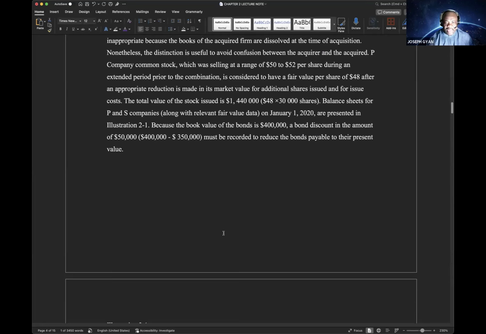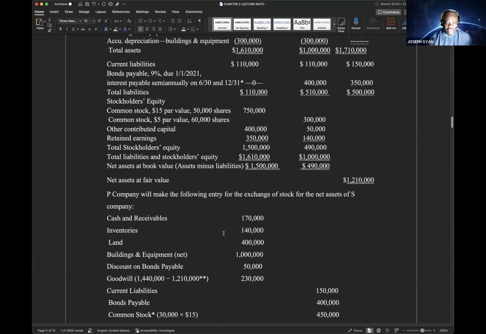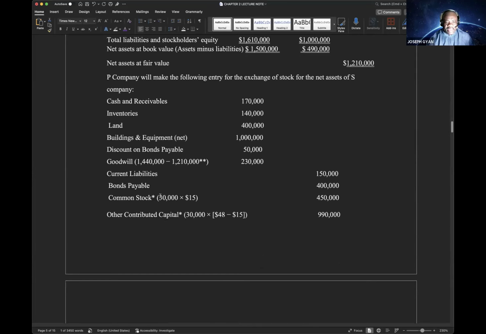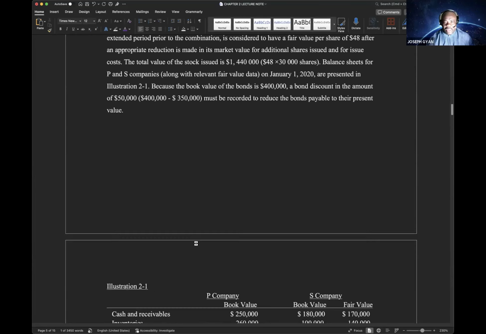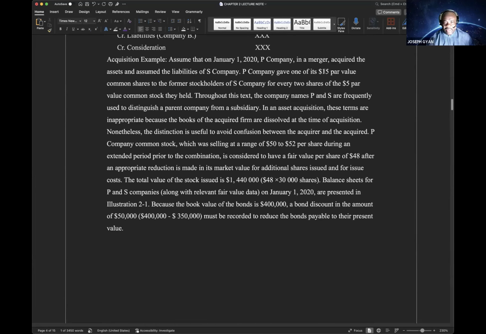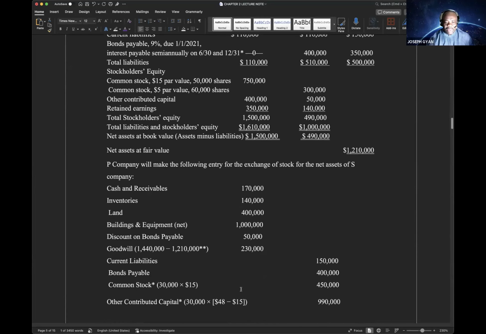So if you look here, they are exchanging 30,000 shares. Our 30,000 shares multiplied by the 15, which is the par value of the share, gives us the amount of 450.